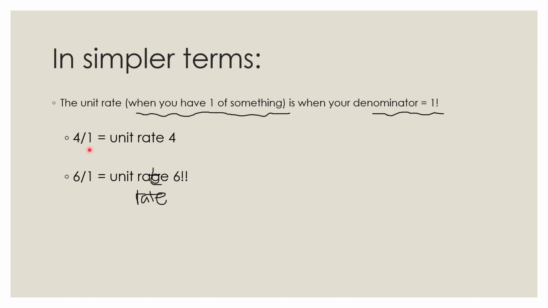That's because 4 over 1 has a unit rate and it is 4, because 1 is on the bottom, and when we have one of these we get 4 of those. Down here 6 over 1, our unit rate would be 6. 1 on the bottom, 6 on the top. Unit rate when you have a 1 in your denominator.